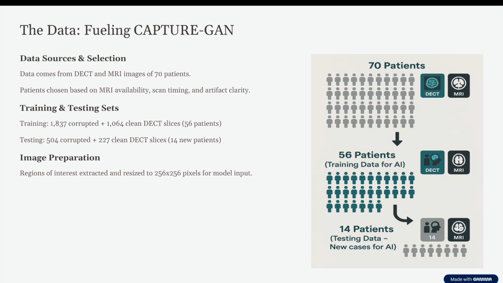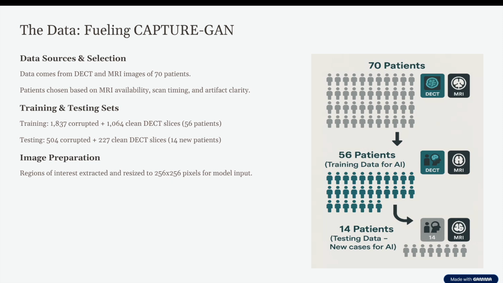The dataset was then divided. A substantial portion comprising 1837 artifact-corrupted slices and 1064 artifact-free slices from 56 patients was used to train the CAPTURE-GAN model.